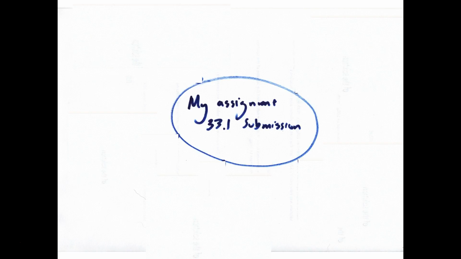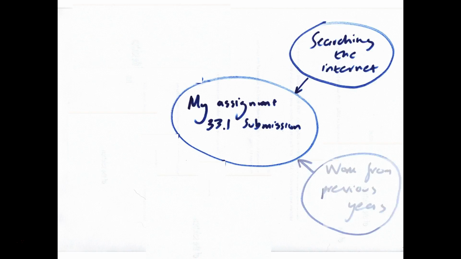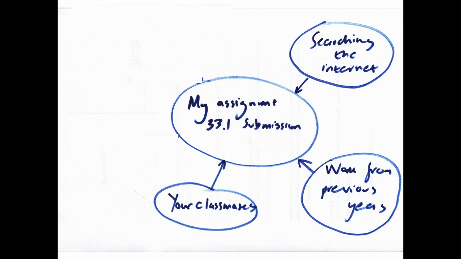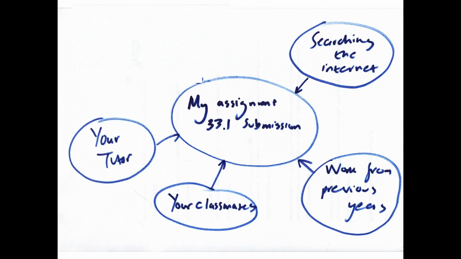So for your assignment 33.1 submission, obviously searching the internet. You may find useful information there. Work from previous years from the Padlet. Bring that into your submission as well. Your classmates can help you either verbally or using Hackpad. Me as well, your tutor, and other tutors too.